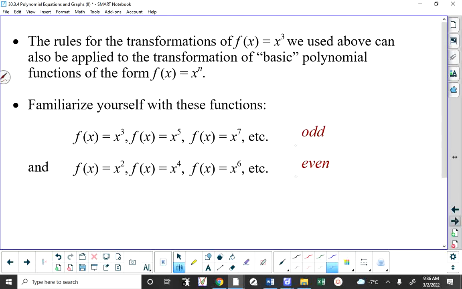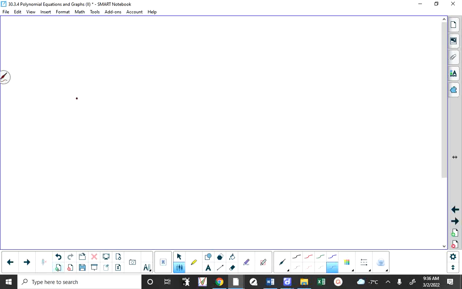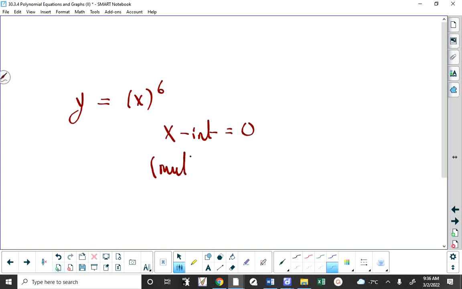And you'll notice that I've broken this down into odd functions and even functions in terms of polynomials. I'll show you what they look like in a second, but you should be able to tell me what they look like. For example, if I said to you, sketch the graph of y equals x to the 6, you would say there's an x-intercept of 0, and there's a multiplicity of 6.